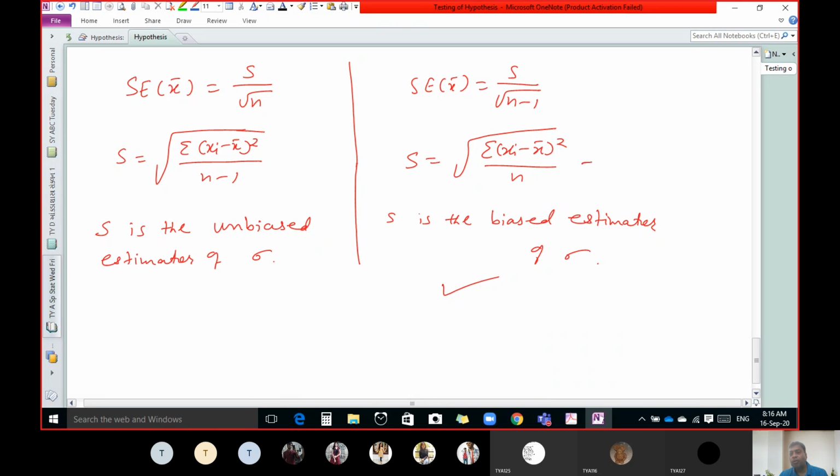Another formula is root of sigma xi square upon n minus sigma xi upon n, the whole square. Either formula gives the same answer, and this is simpler from a calculation point of view. That is why we are using the second formula of standard error, not the first one.